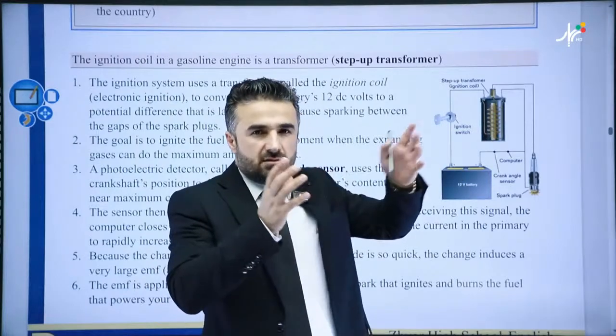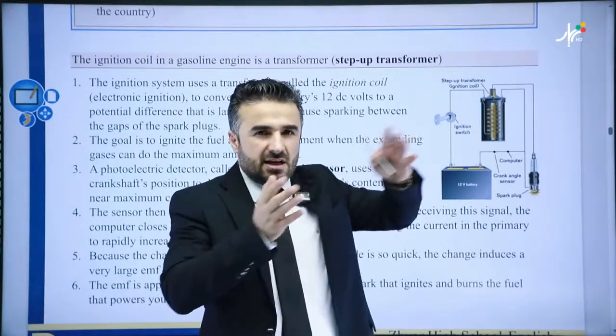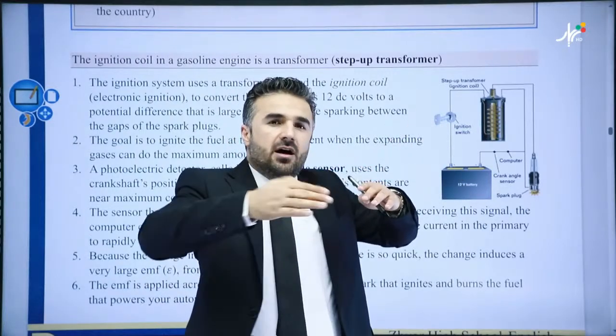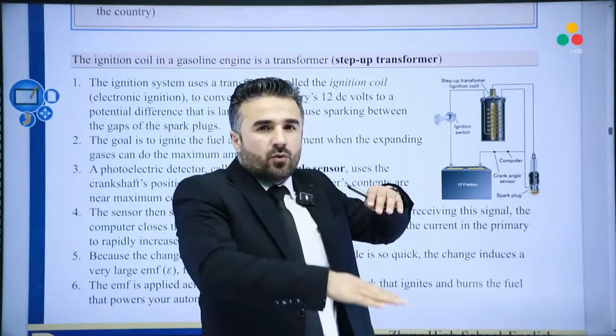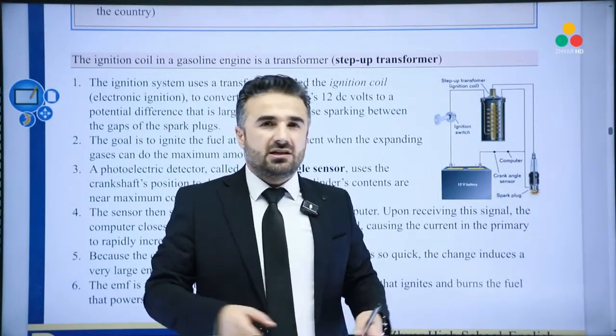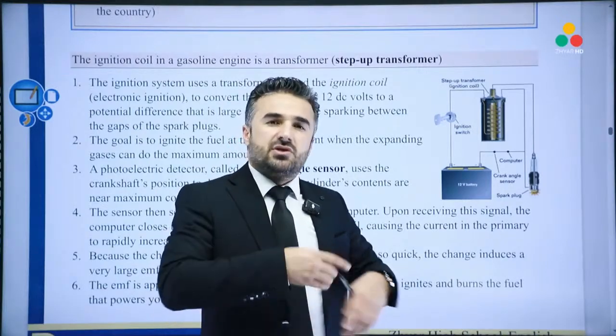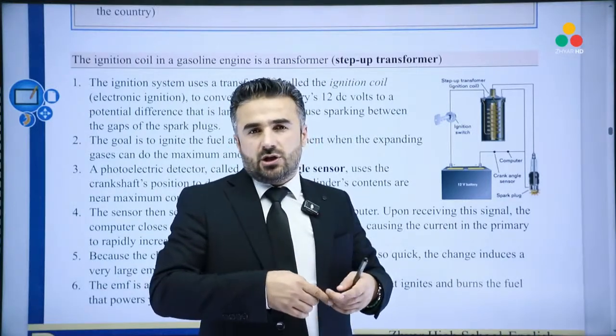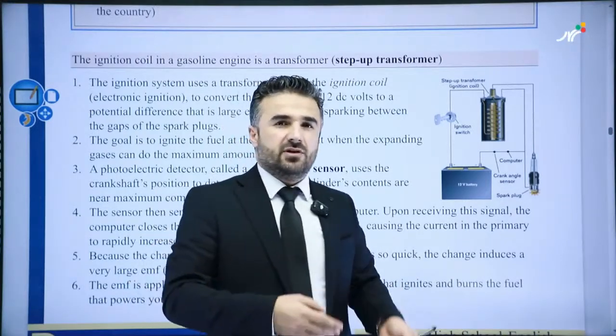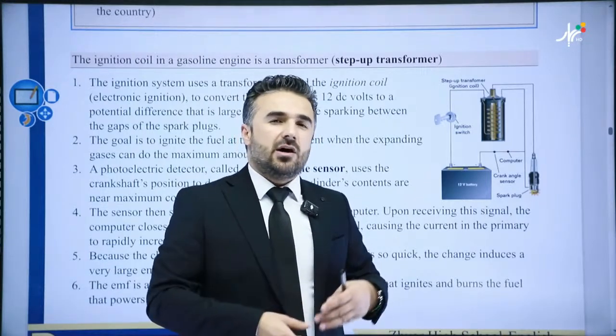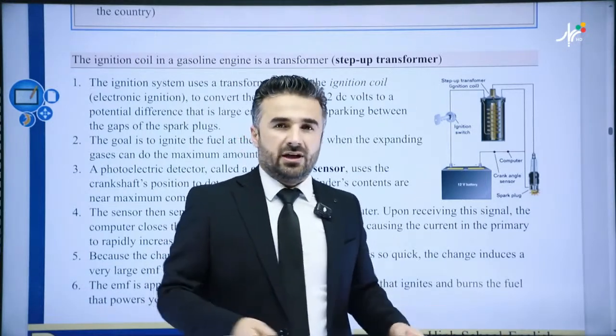This ignition causes something like an explosion that sends the cylinder downward. And this cylinder is connected to other parts of the engine, the crankshaft and so on, which starts to rotate, and this rotation is transferred as kinetic energy to the tires, and this is how the car can move.